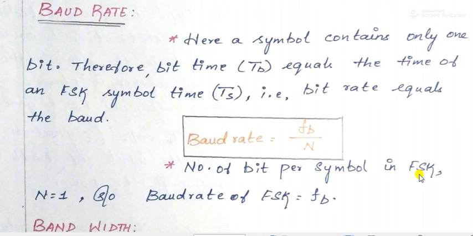In general, bit rate is equal to the number of bits transmitted per second. Likewise, baud rate is equal to the number of symbols transmitted per second. Here, a symbol contains only one bit. Therefore, bit time is equal to the FSK symbol time, that is baud rate is equal to Fb by N. So N is equal to 1.